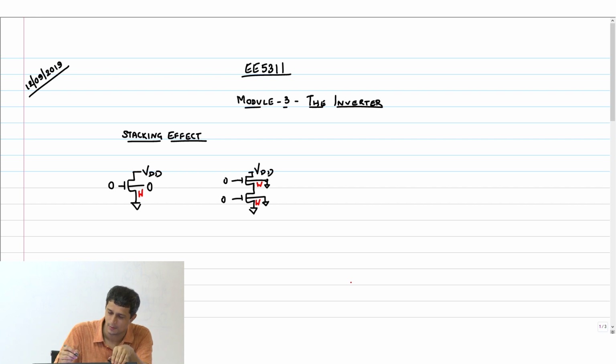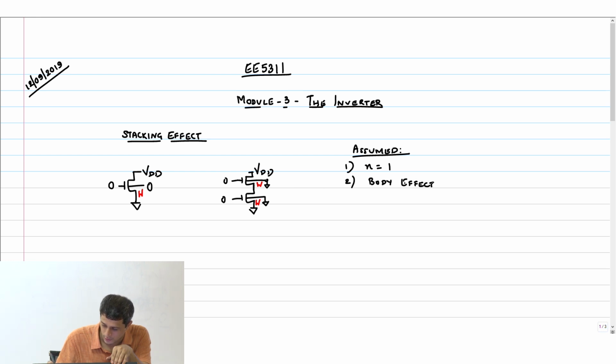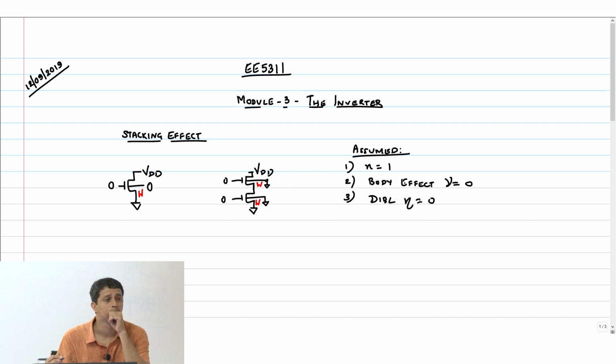So we made some assumptions. If we assumed ideality factor n equal to 1, then body effect gamma equal to 0, then DIBL eta equal to 0, right?